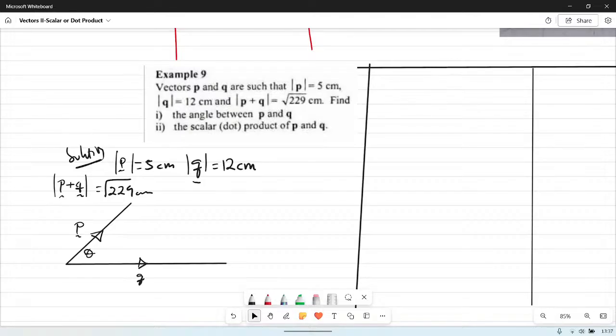The angle is here. Now, whenever they bring this addition here, it means we are dealing with a resultant vector.